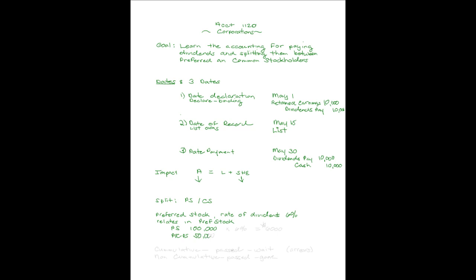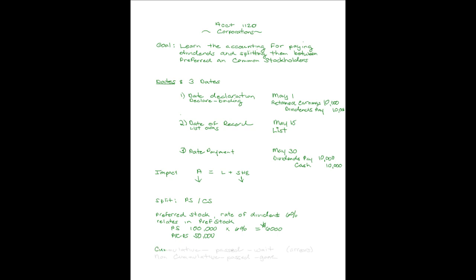If it's 6% preferred stock, the 6% relates to the balance in the preferred stock account, and they would be entitled to the first $6,000 of dividends paid. So preferred stock has a rate, and it puts them ahead of common stockholders.